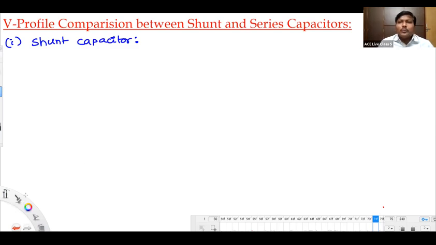Next, listen. We have to plot the voltage profile, starting from the sending end side to the receiving end side, checking how the voltage varies point by point. That we should keep in a plot. That's the voltage profile.